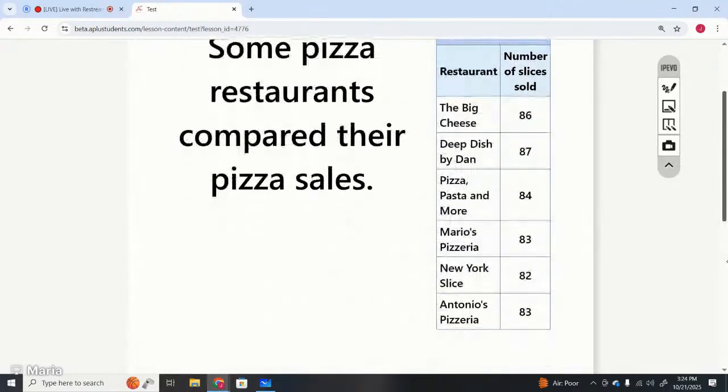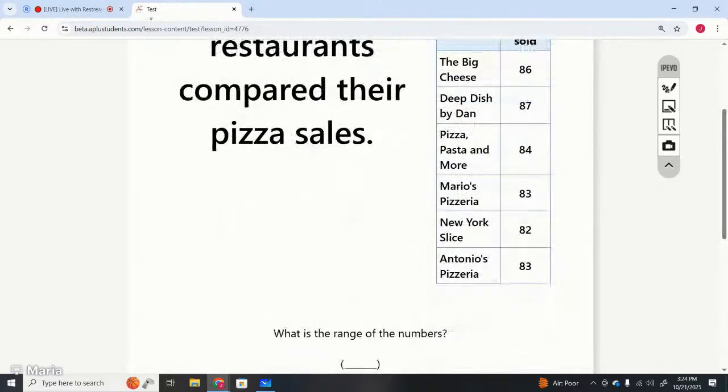Some pizza restaurants compared pizza sales. What is the range? Range is the difference between the least and the greatest number.